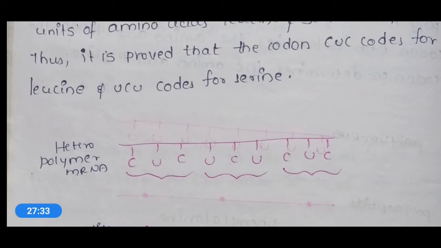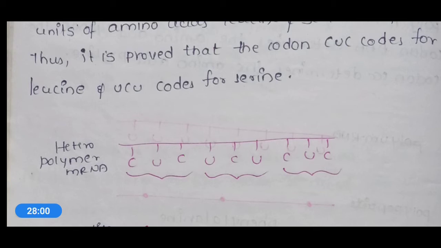If you see the diagram, you can understand what will happen here. Only counted triplet codons will form the suitable amino acids, and the remaining two bases will be left.